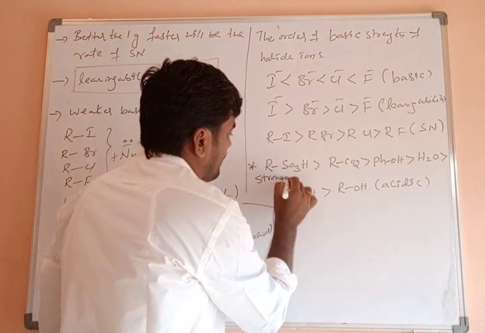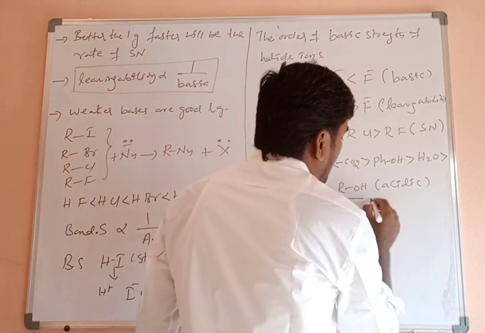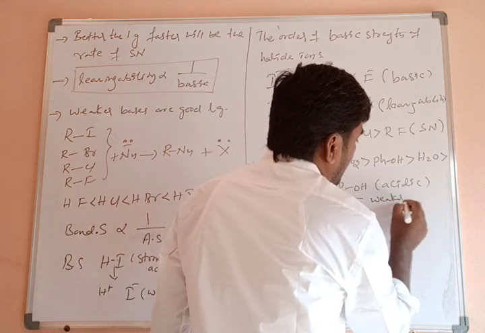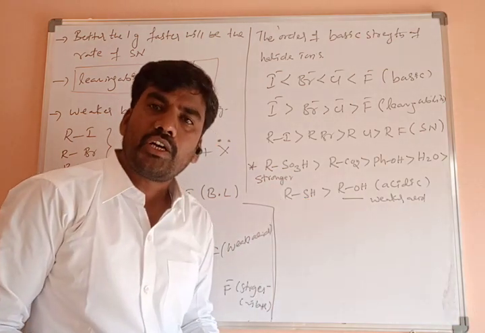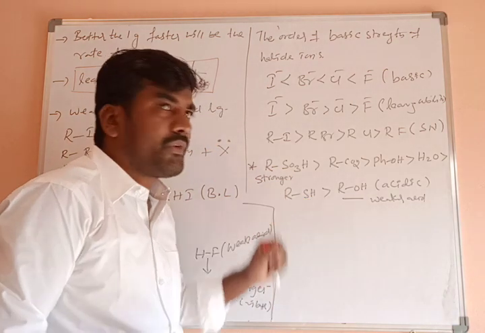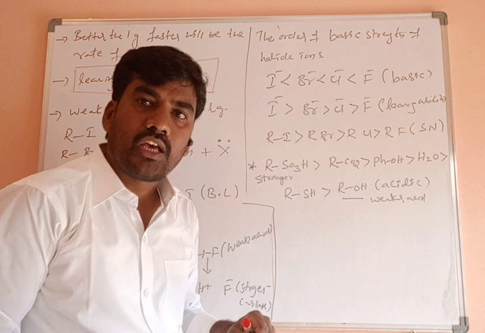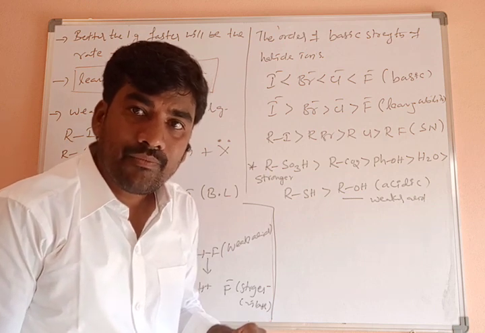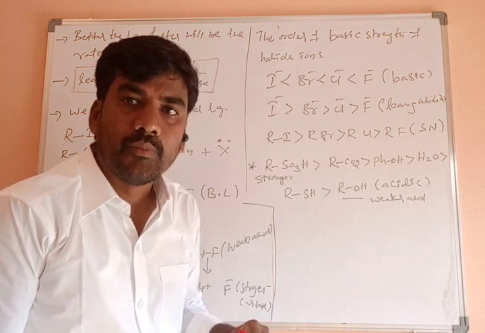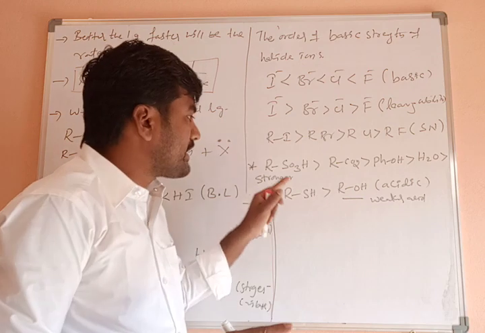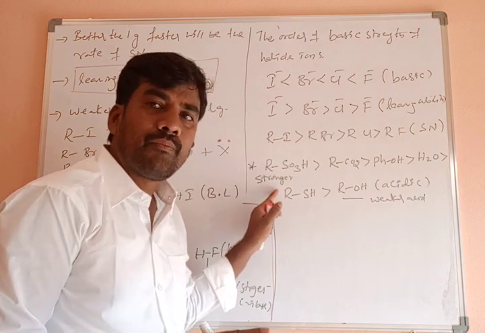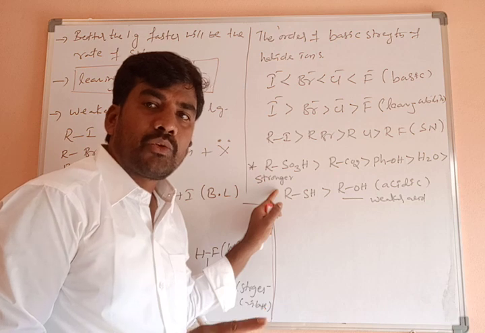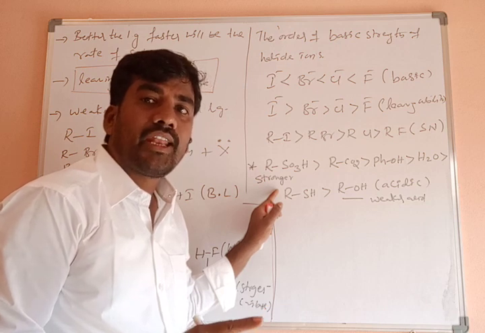Stronger acid, and this one is the weaker acid. A stronger acid produces the weakest conjugate base. That means the sulfonate anion is a good leaving group because it is generated from a stronger acid. And one more thing, we can explain the leaving ability by using the stability of the anion.